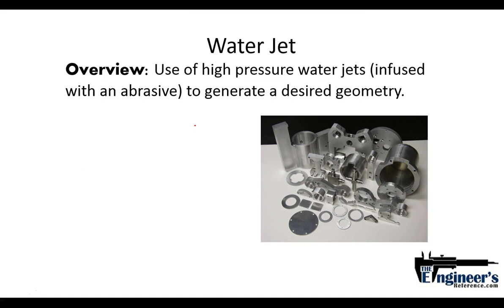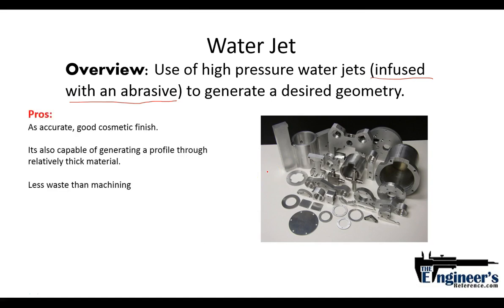You're using high pressure water jets, again infused with an abrasive. So this isn't just water, this is water with a grit added to it for abrasion, and it generates your desired geometry. You can think of it like laser cutting or plasma cutting with water. Very similar principles.